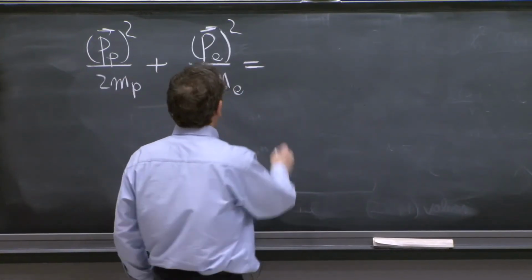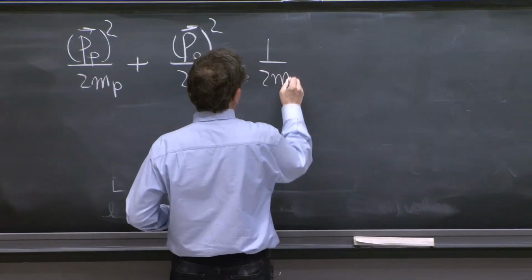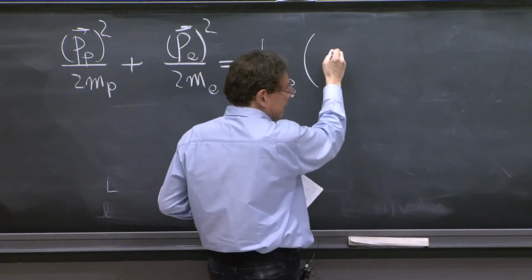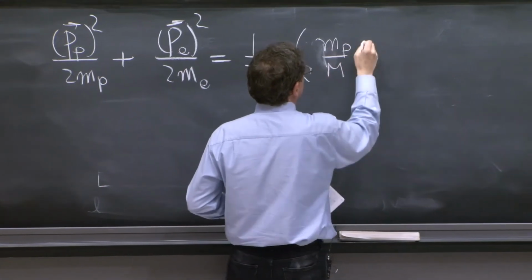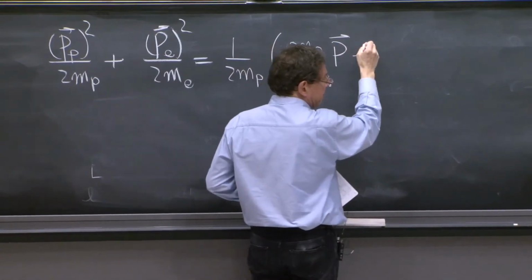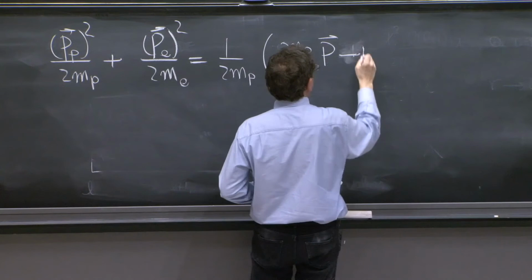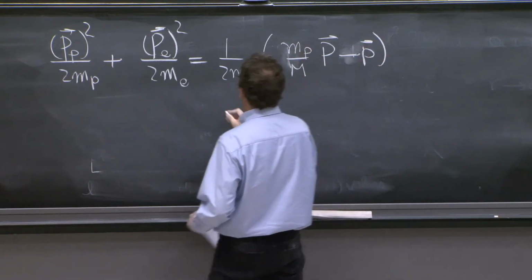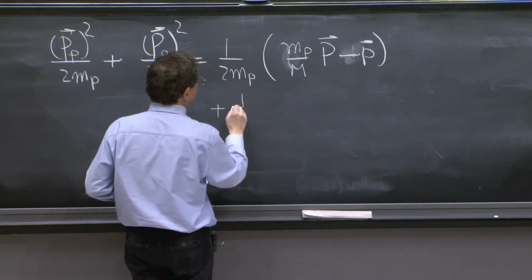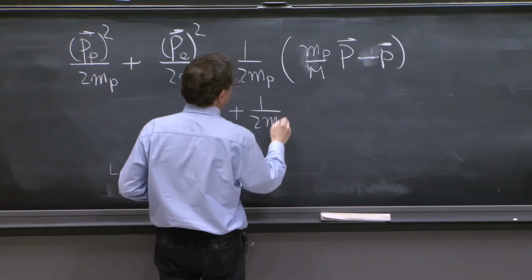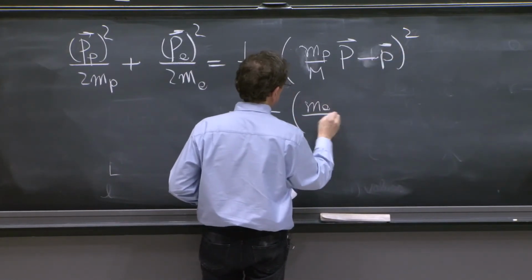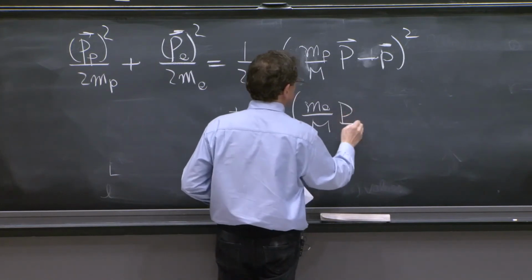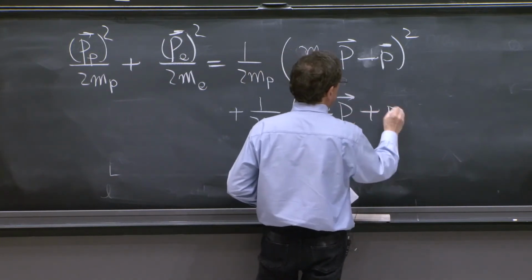So I have 1 over 2m_p and have m_p over capital M, big P minus little p, and plus 1 over 2m_e, this is squared, m_e over capital M, big P plus little p.